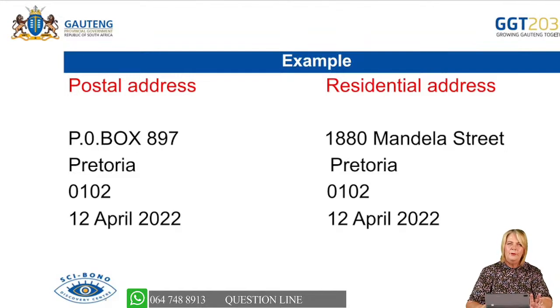It doesn't have to be in capital letters, it doesn't really matter, except for P.O. Box should be capitalized. Then your residential address, and this is very important, the number, the name, and then street, lane, boulevard. So 1880 Mandela Street, the town or the city, the code, and then the date.